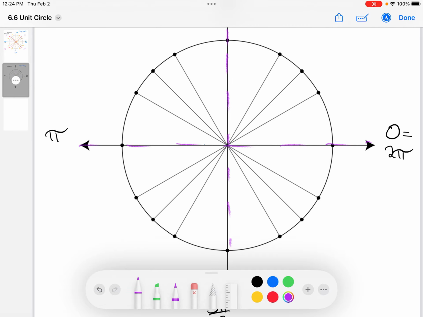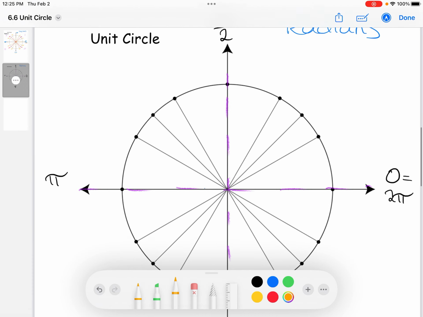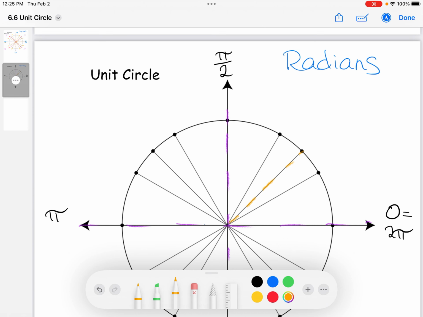Okay, so if we look at what the halfways are going to be, halfway in a quadrant, we learned was 45 degrees. Well, we're not in degrees, we're in radians. In radians, that is halfway between 0 and pi over 2.